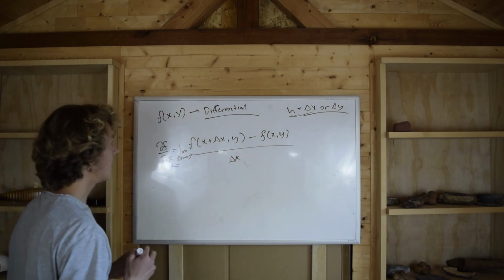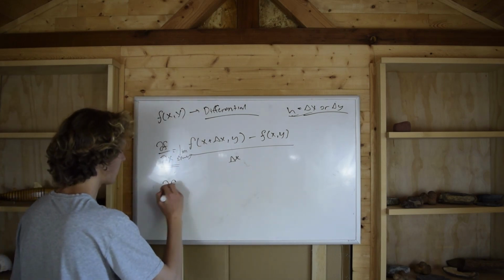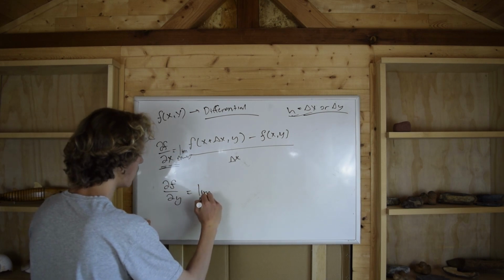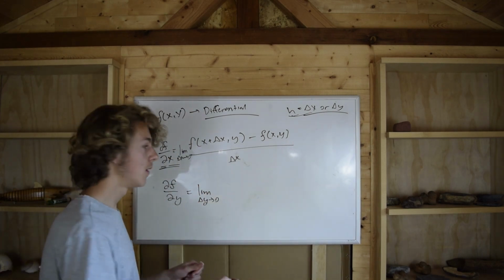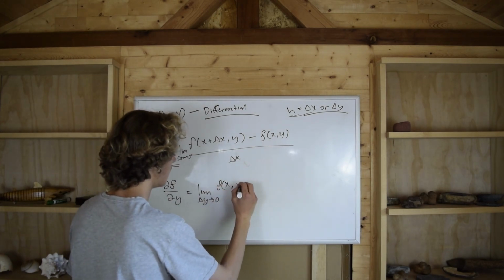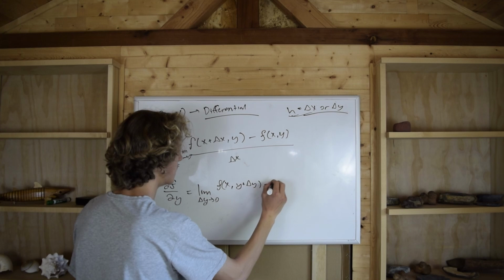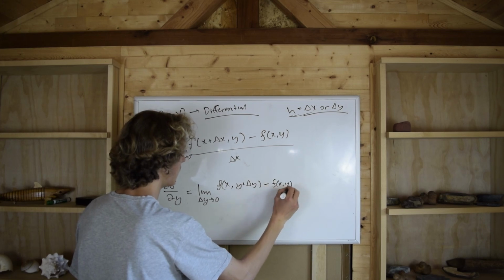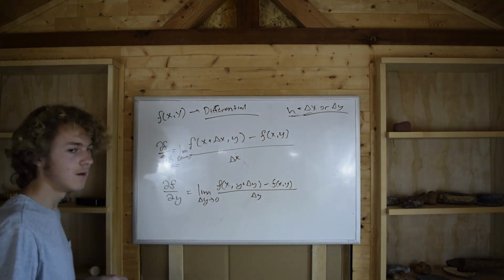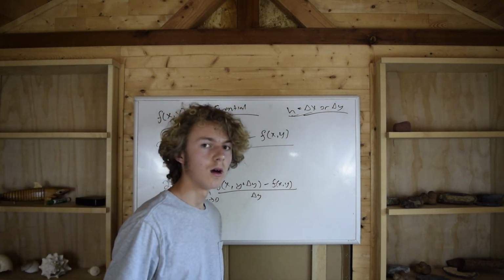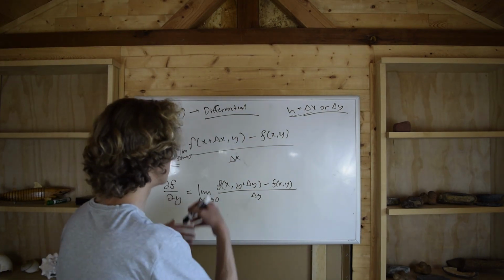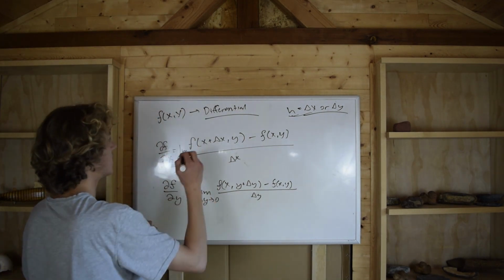Now, if I wanted to write partial f, partial y, it'd be very, very similar, except now y is changing infinitely small. And so we have f of x comma y plus delta y, minus f of x comma y, over delta y. And that's our partial derivative with respect to y. So this is the formal definition.